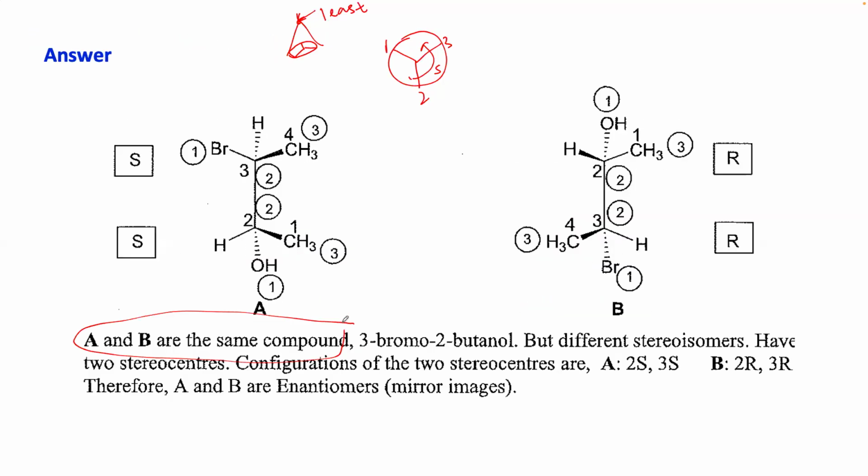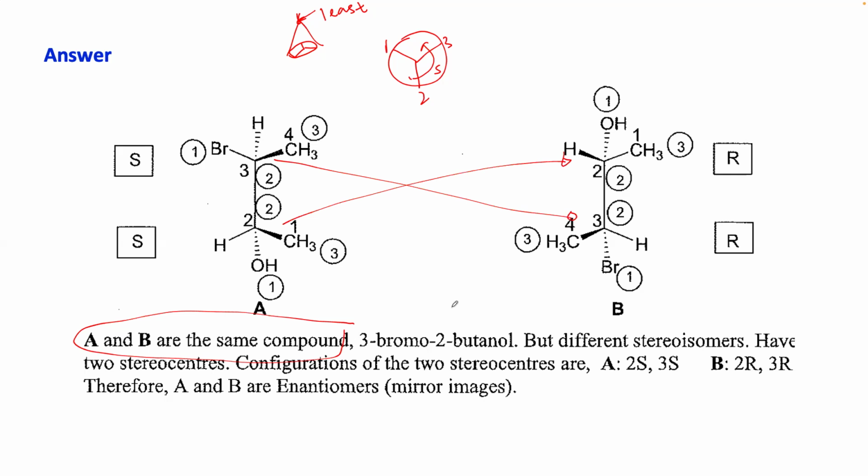Now you can easily understand, this S center has become R, and this S center has become R. So it's inversion. Each stereocenter is inverted, S becomes R, S becomes R. Therefore, their stereochemical relationship is that they are enantiomers.